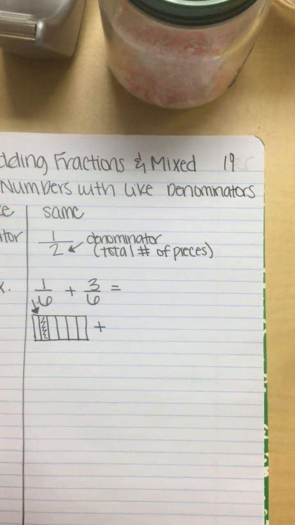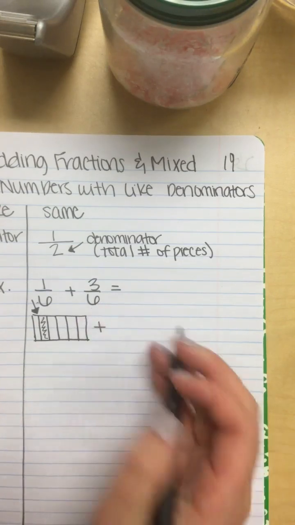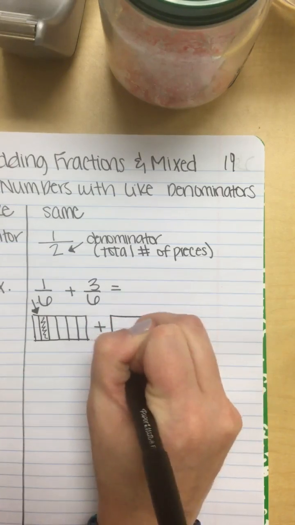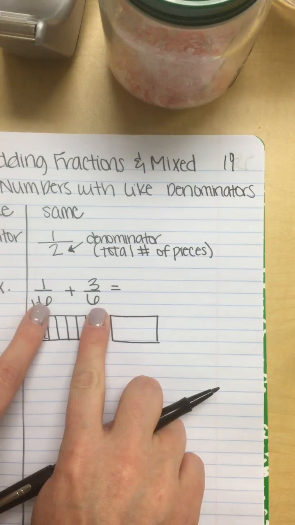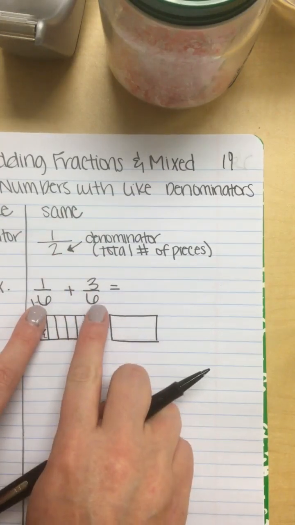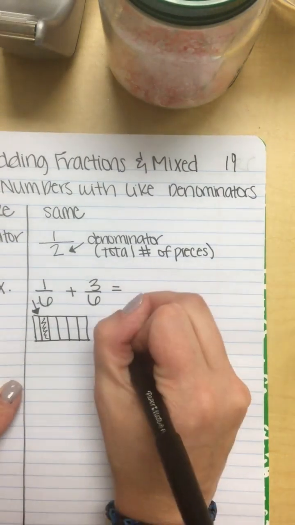And now I'm going to draw another picture, but this time I'm representing the fraction 3/6. So again, I'm going to draw a rectangle. I look at my denominator, and you notice both of our denominators are like, or they are the same. So this picture also needs to have 6 total pieces.